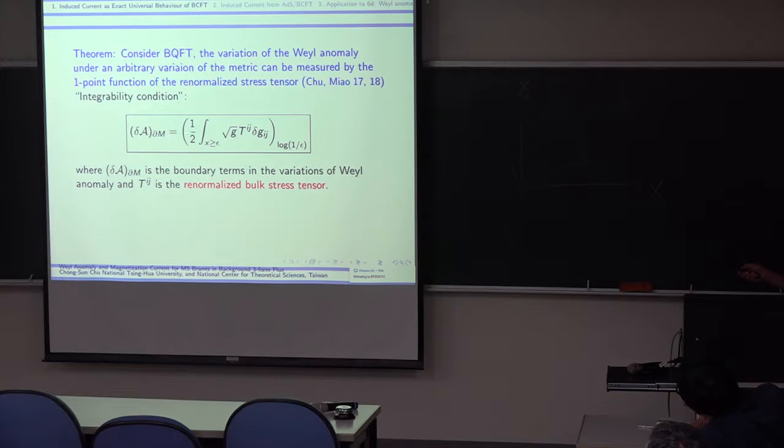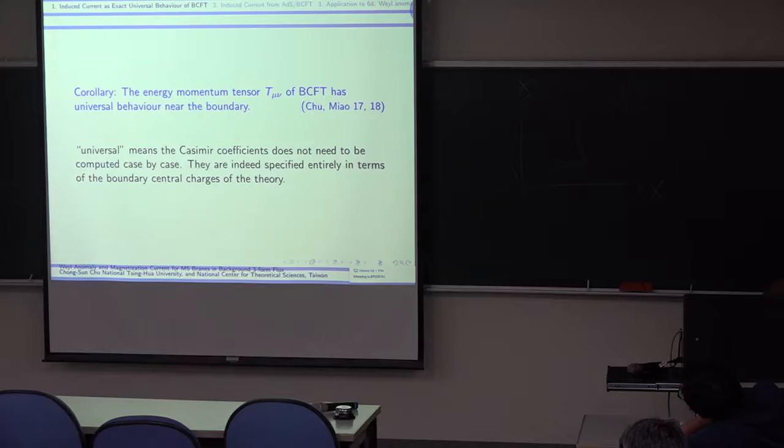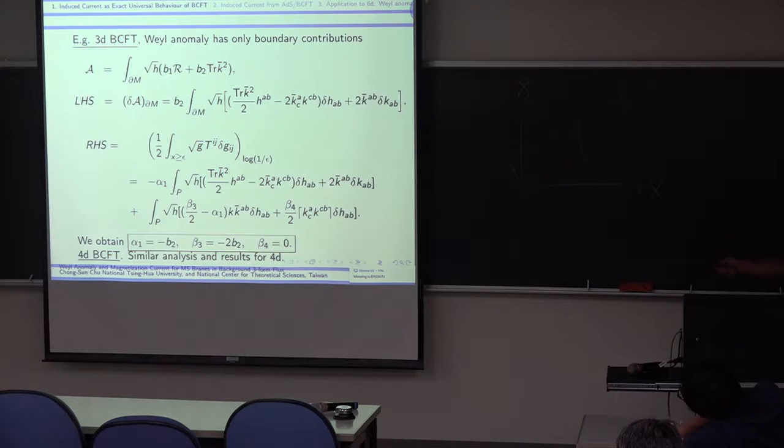So using this, one can in fact determine the exact structure of T. For time's sake, I will not show you the example. I have an example here for three dimensions. It turns out one can use the boundary Weyl anomaly and determine exactly all those Casimir coefficients which appear in the stress tensor.